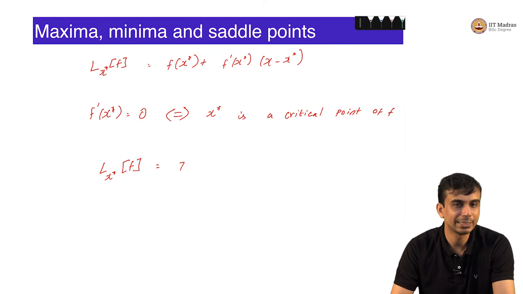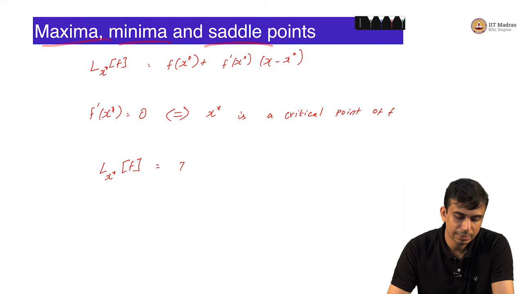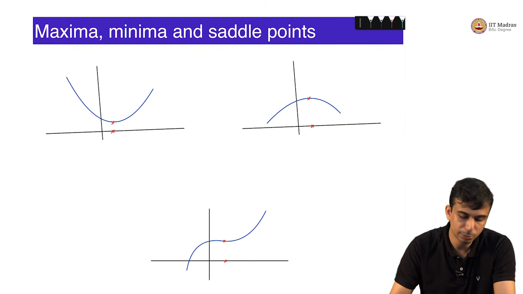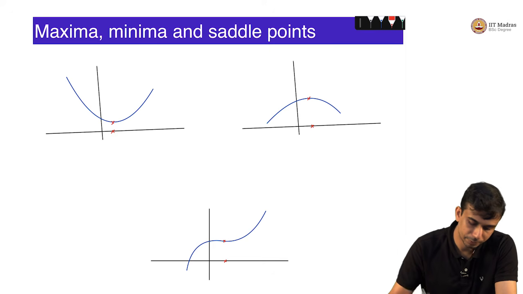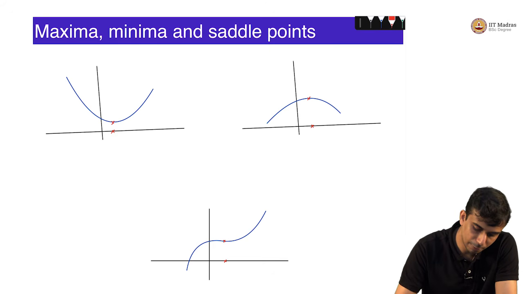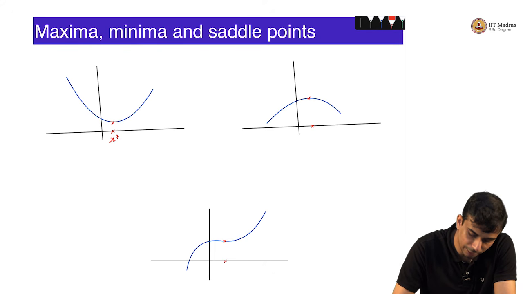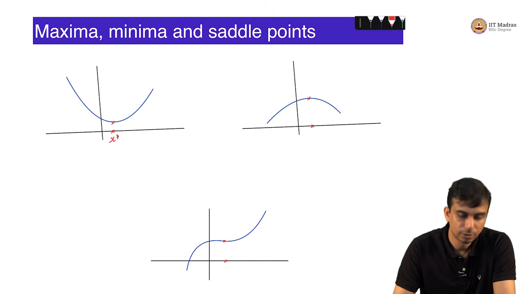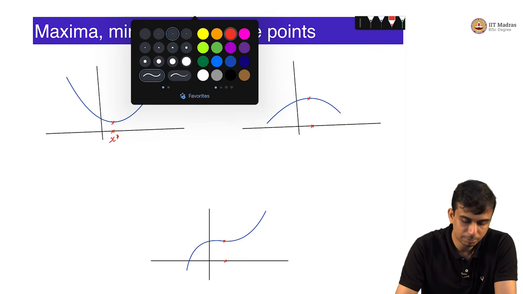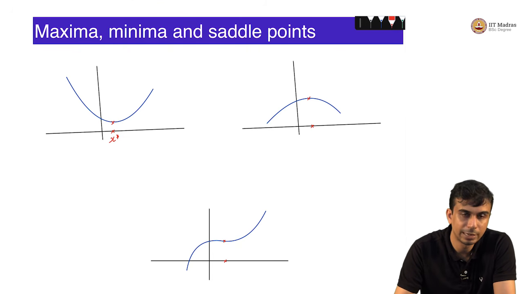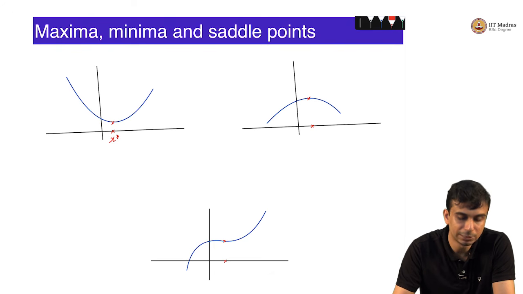And when can such a thing happen? Such a thing can happen only when x star is either a maxima or a minima or a saddle point. What do these terms mean? Here is an illustration of that. Here is an example function, and if you consider this point as x star, your linear approximation would be exactly equal to a constant, because the derivative of the blue function here at x star would be 0.